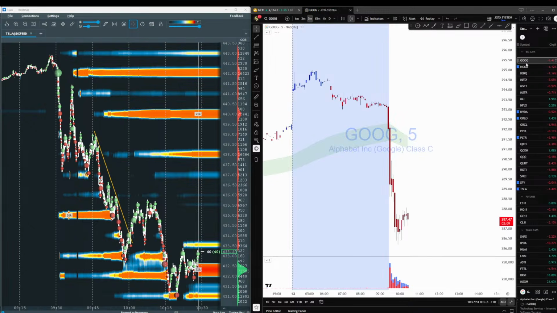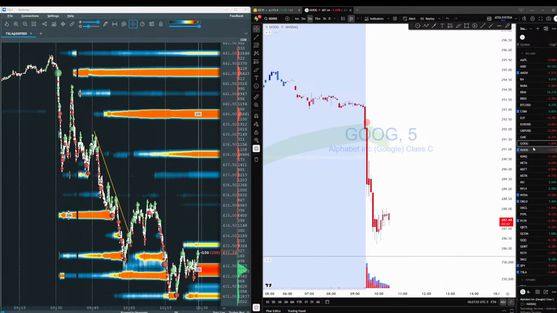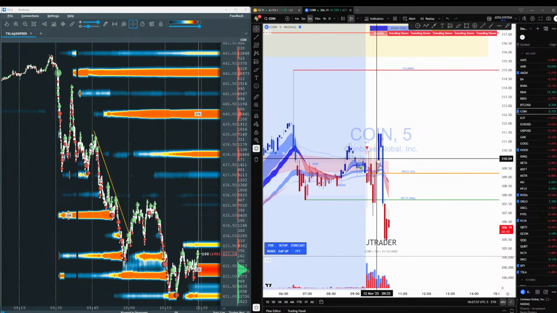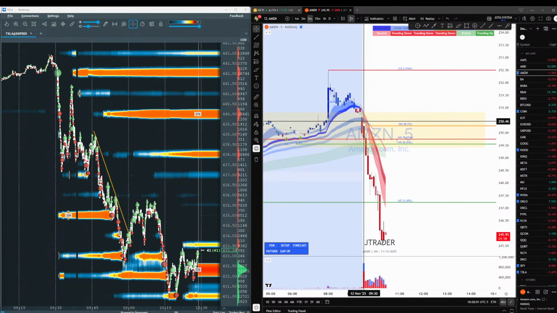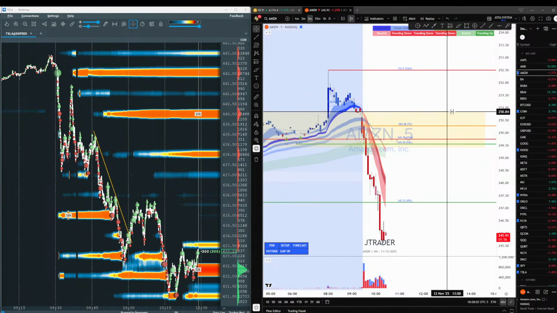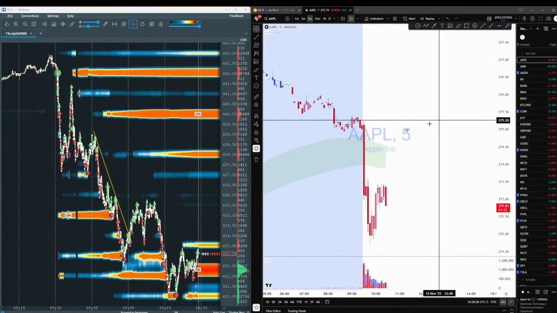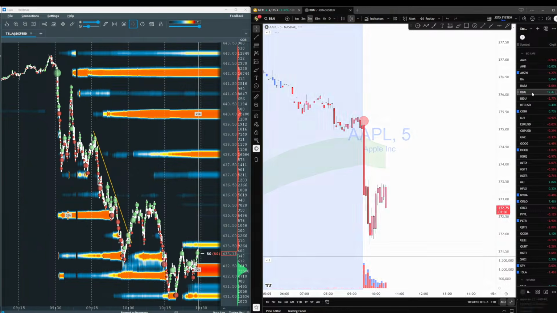Short play over here, short play over here, but it's impossible to trade all these, you know. Coin over here gave a short play, and then over here, probably stop, break even, small stop. Amazon over here, short play at the gate. MD, the two longs. Apple, short play, I don't like Apple.